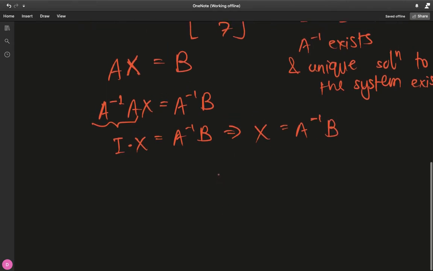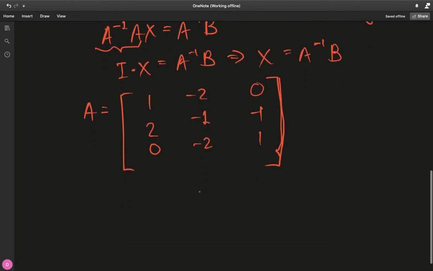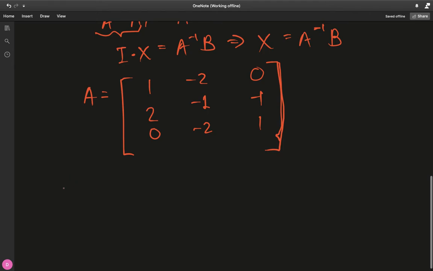Okay, so now let's calculate A inverse, and for that I'm going to have to write A again for our convenience: 1, 0, -2, -1, -2, 0, -1, 1. That's A. And now let's actually start calculating the adjoint.